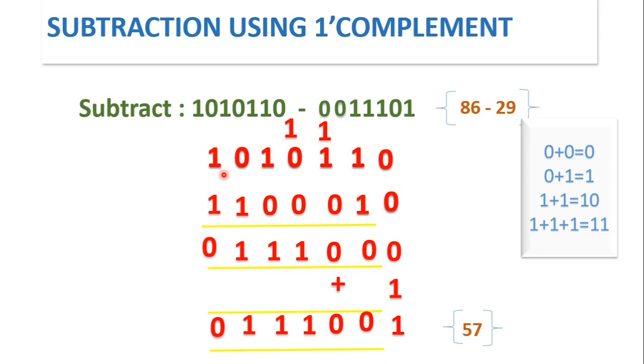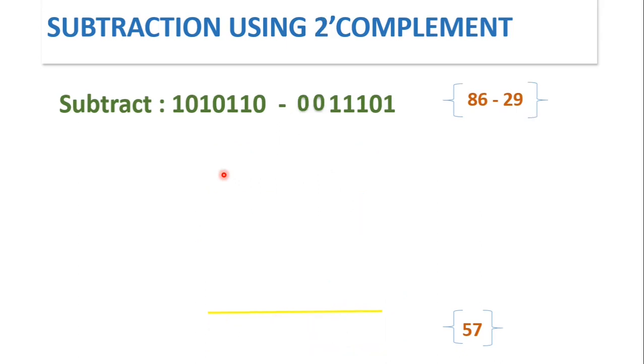Now let us look at subtraction using 2's complement with the same numbers. We've calculated the binary of 86 and 29, and we've added 2 digits as this was having 7 bits and this was having 5 bits. The next step is to calculate the 2's complement of this number.